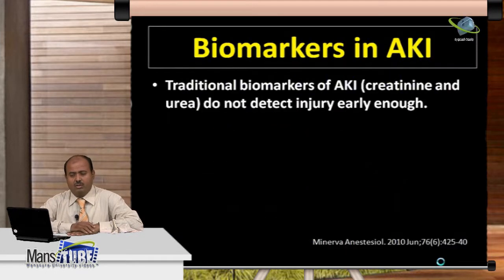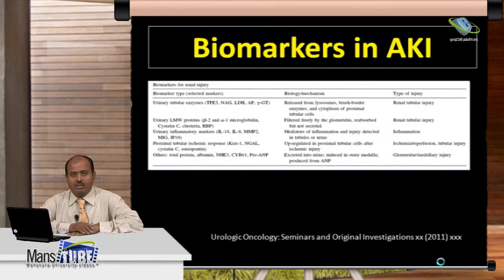So starting with biomarkers, traditional biomarkers of acute kidney injury, including creatinine and urea, don't detect injury early enough, and this is the main problem in the diagnosis of acute kidney injury. This table summarizes the different biomarkers used in diagnosis of acute kidney injury.